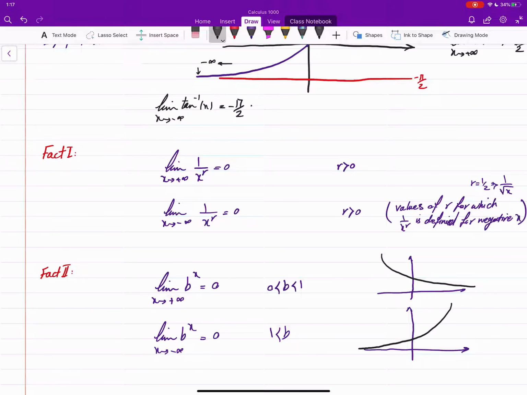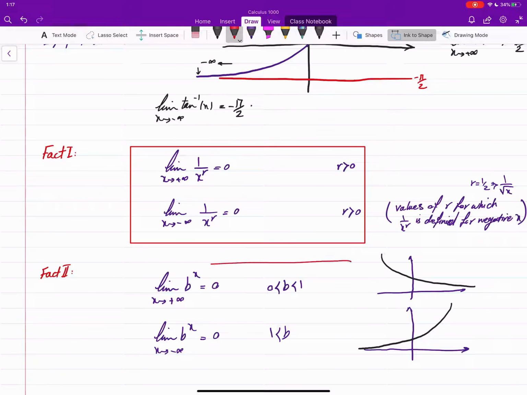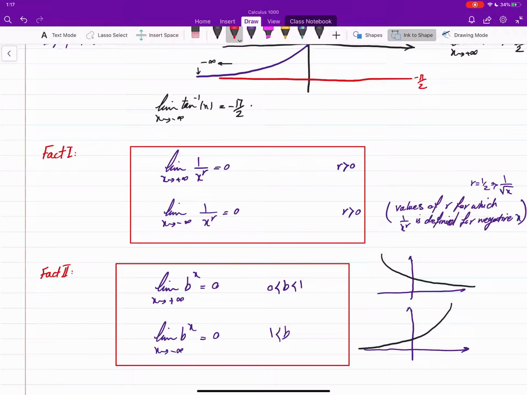So these two facts are the ones you have to know. This is the bare minimum to know about the infinity limits. So we have them in the box, and fact 2 in the box.